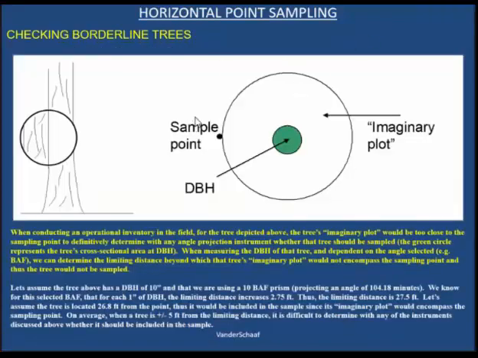So we can basically see what I was just talking about. Here we have a tree. This is the diameter of the tree and the basal area cross section at 4.5 feet. And this tree has an imaginary plot.